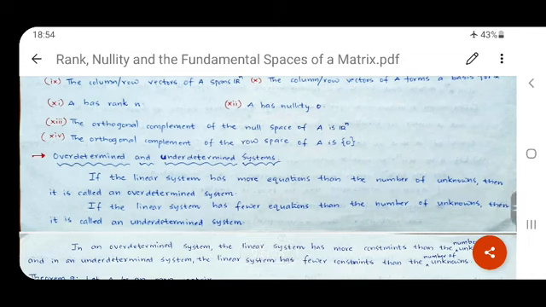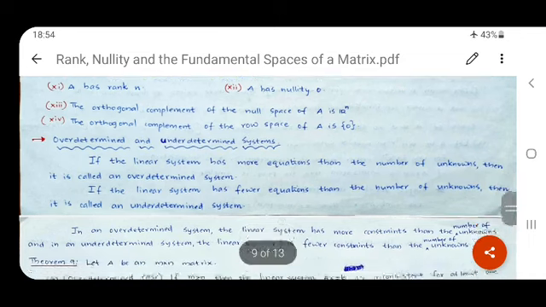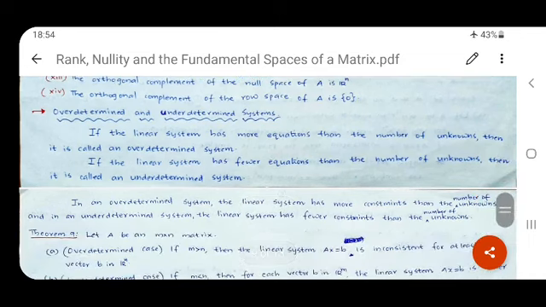Next is overdetermined and underdetermined systems. If the linear system has more equations than the number of unknowns, then it is called an overdetermined system. And if the number of equations is fewer than the number of unknowns, then it is an underdetermined system. So note that if the number of rows is more than the number of columns, which denotes the number of unknowns, then it is overdetermined, and if the number of rows is less than the number of columns, it is underdetermined.